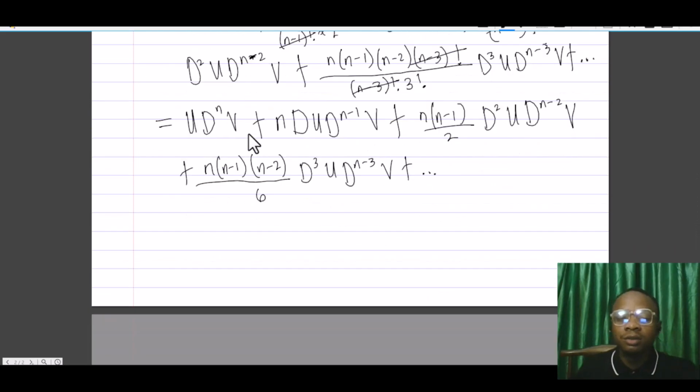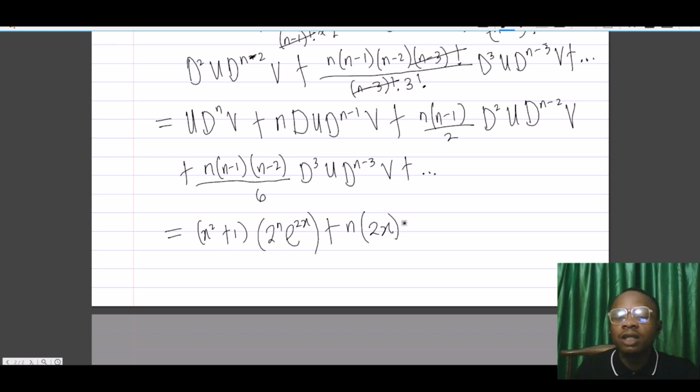So this is going to be equal to, don't forget our u is x squared plus 1. Just checking the question again, that's x squared plus 1. Then the nth derivative of v, we know it is 2 to the power of n e to the power of 2x, then plus n multiplied by the first derivative of u. That is the derivative of this, we found that already up there.